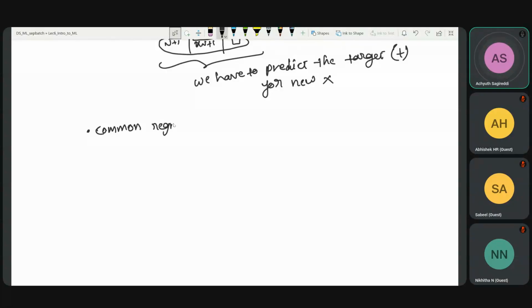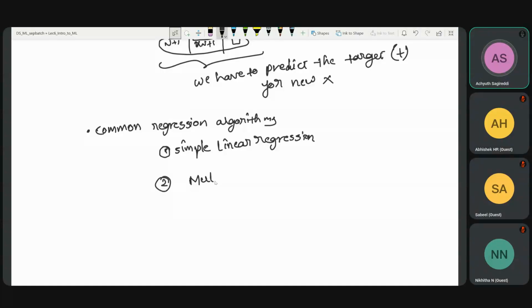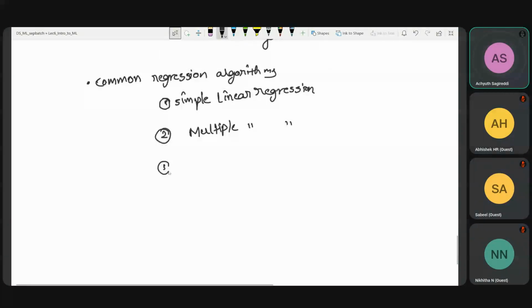First one is simple linear regression, second one is multiple linear regression, third one is polynomial regression, and fourth one is logistic regression, and so on.